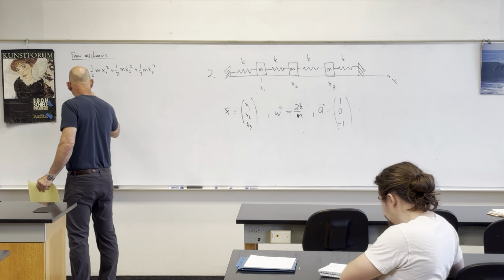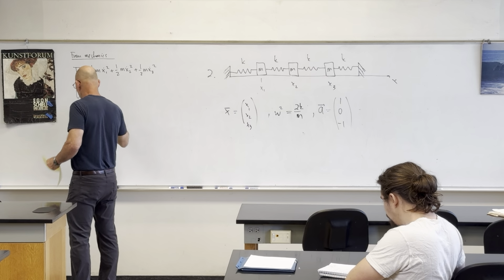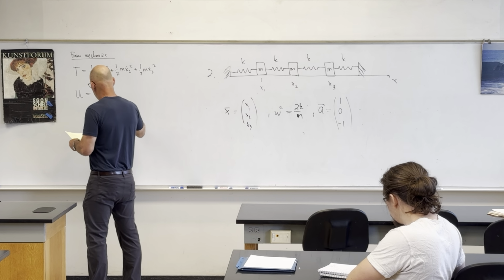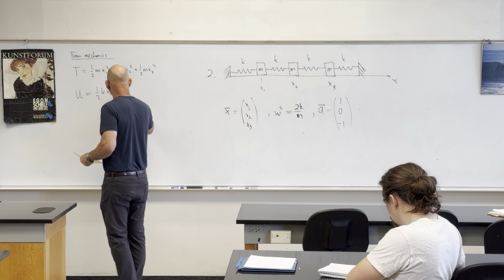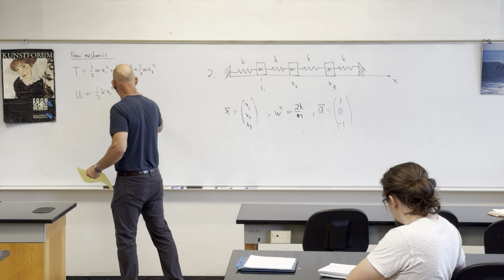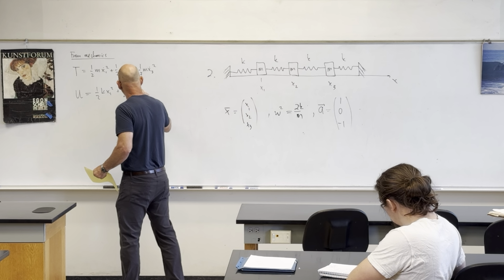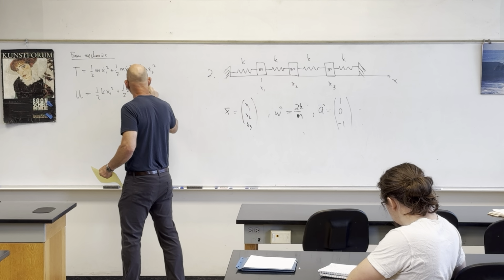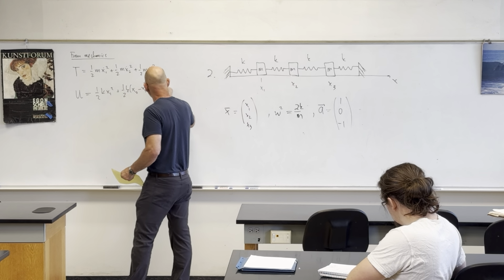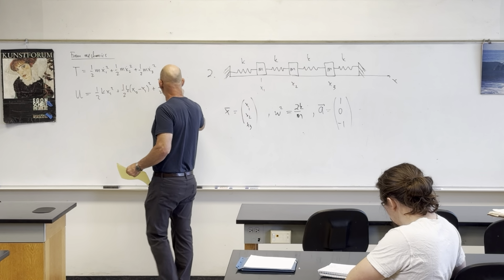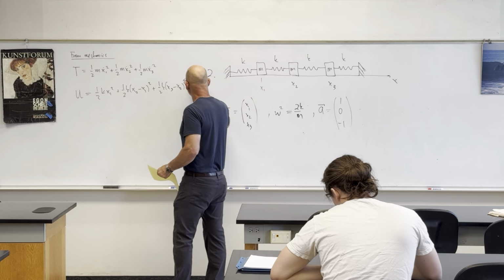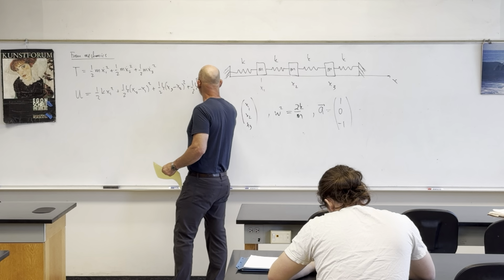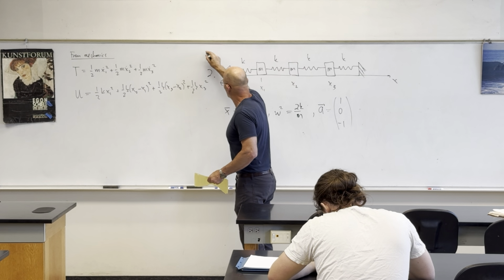potential energy is going to be a half K x1 squared plus a half K (x2 minus x1) squared plus a half K (x3 minus x2) squared plus a half K x3 squared.